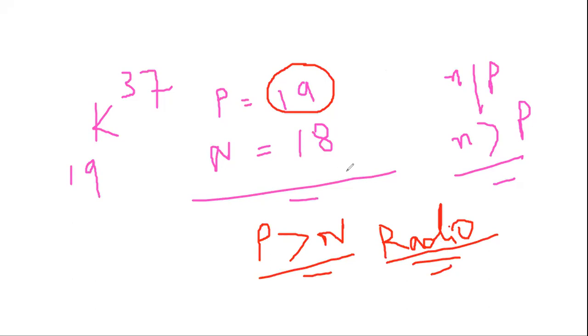Your chart is what I mentioned, the neutron to proton ratio: 1.25, 1.4, 1.5, as already mentioned in the table. This is the final conclusion: if the number of protons is greater than the number of neutrons, then it must be radioactive.